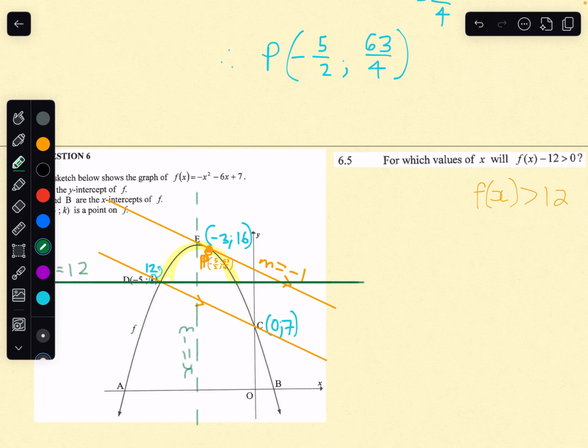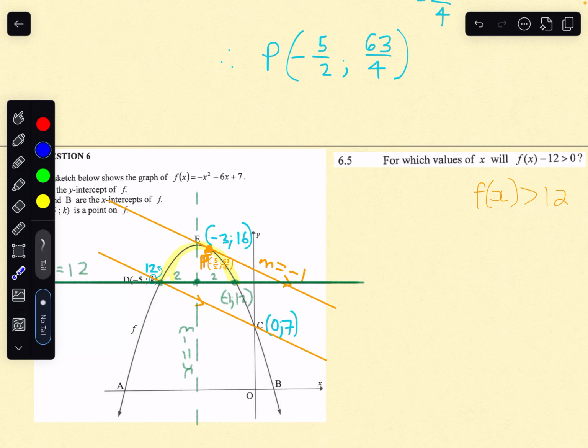So the distance between here and here is 2 units. So that means the distance between here and here is also 2 units, meaning that the x over here is minus 3 plus 2, which is minus 1. And the y coordinate would be 12.